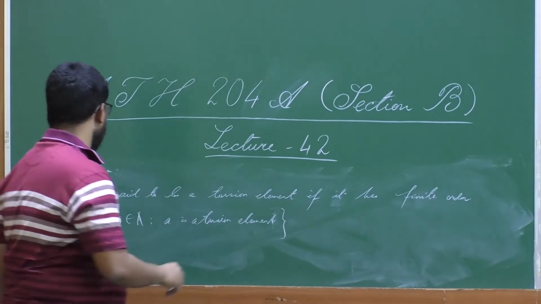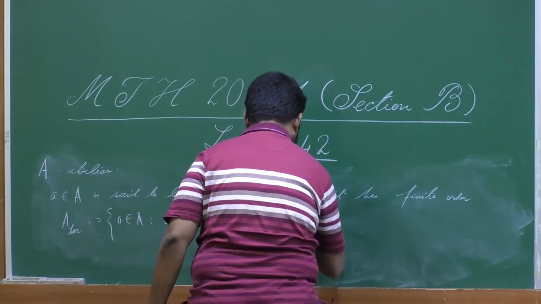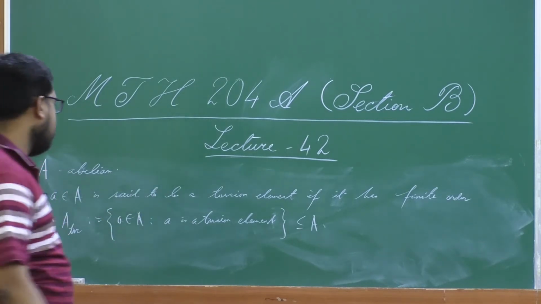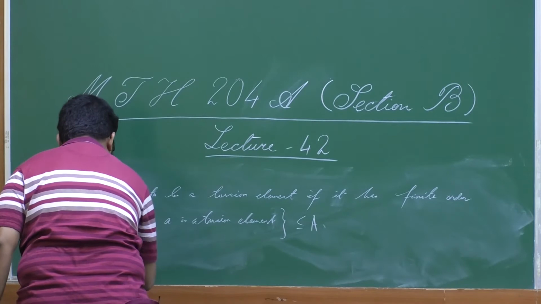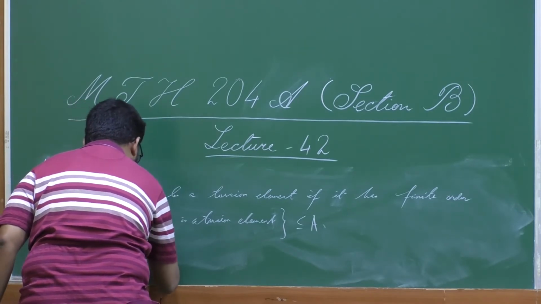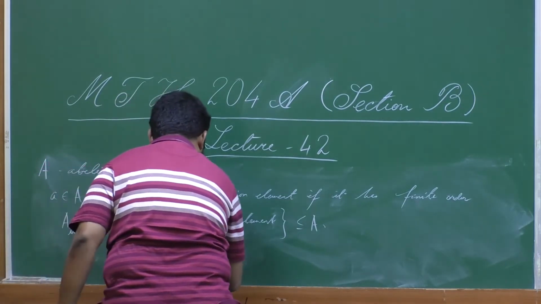This is going to be a subgroup of A. It is called the torsion subgroup of A. If this is trivial, then we call A torsion free.